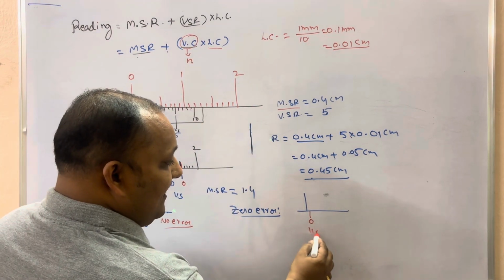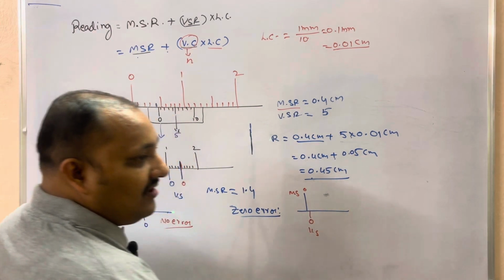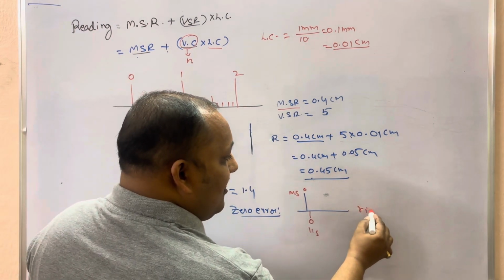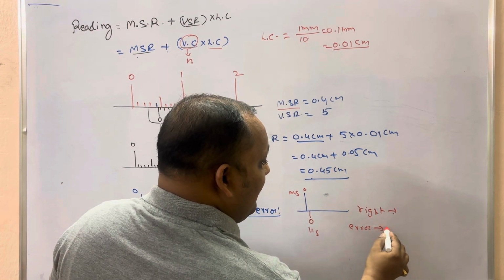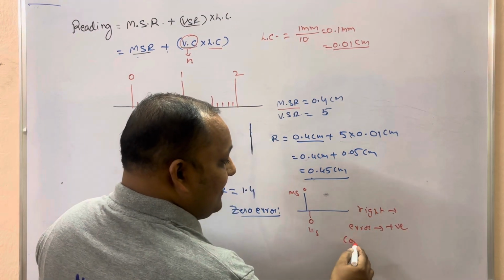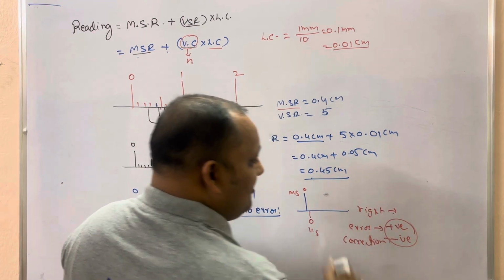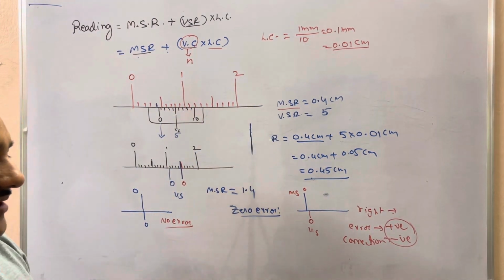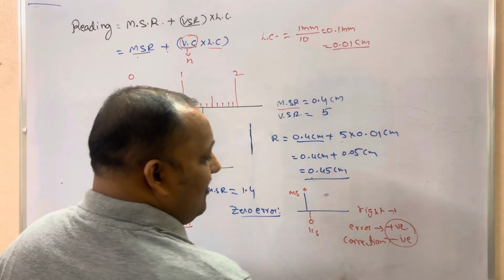This is 0 on the main scale. So it is going to cross to the right side. If it is going to cross to the right side, error will be positive. Correction will be negative. Always error will be positive, correction will be negative. How many divisions it is going to be on the right side, those many divisions you have to subtract.